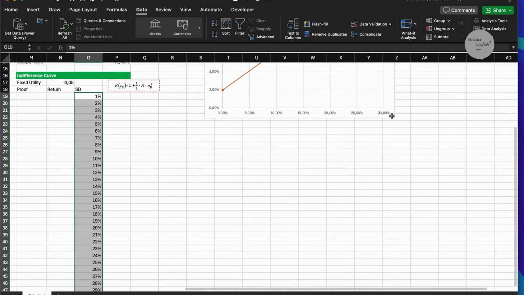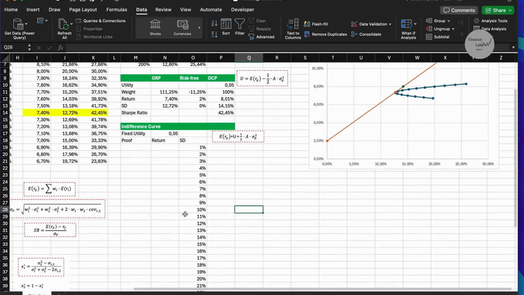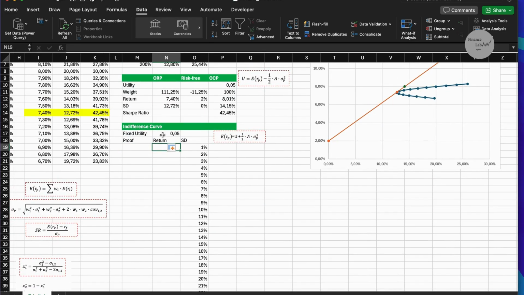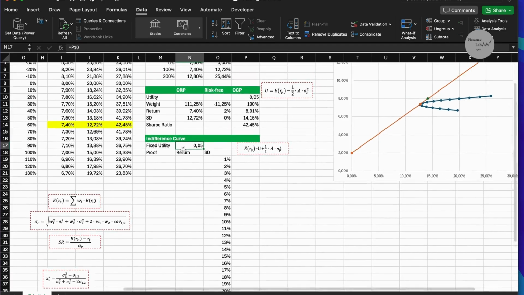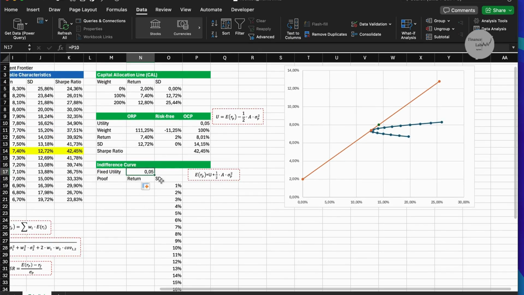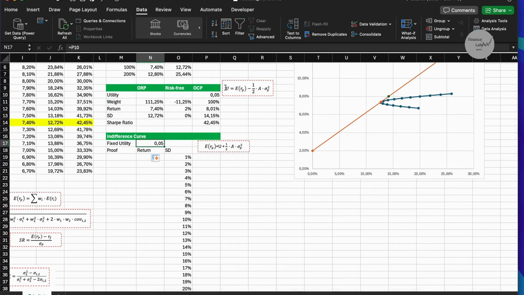Why 30%? Because here it goes to 30%, so I want to know all the values that are here. And now we have to fix the utility, because on an indifference curve we know that the utility is the same. We can just use the formula for the utility and solve for the expected portfolio return.